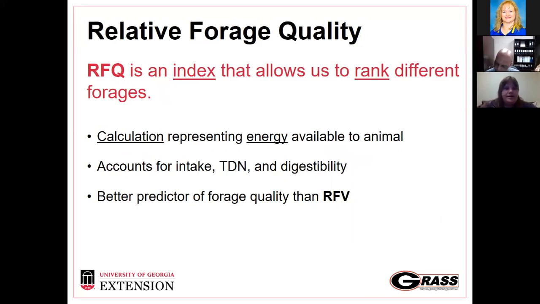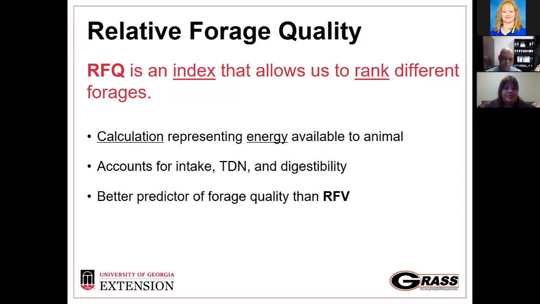The last one on here is relative forage quality. So RFQ is an index that's allowing us to rank different forages. So we don't use RFQ to make any feed ration decisions or in those calculations, but it does allow us to compare many different forages on an apples to apples basis rather than apples to oranges.